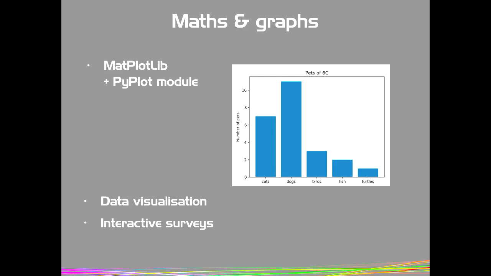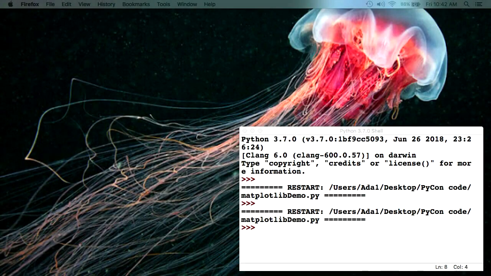Who here has used Matplotlib? Okay, quite a few people. And who's done plotting on graphs with PyPlot? Only a few. Okay. So once again, I'm just going to get out of my presentation and show a couple of examples.